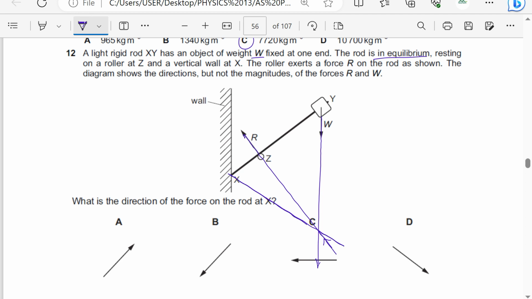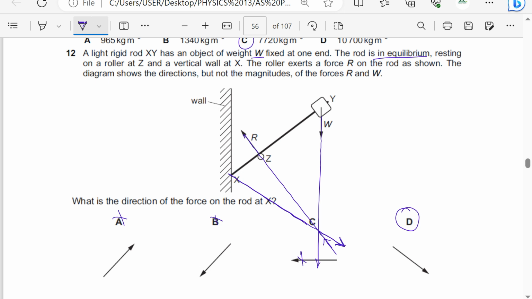So most probably there's no force pointing towards X. So this one is wrong. This one is wrong. The force at X is not horizontal. That's wrong. So this means the force at X is only going to be this. So this force is going to point in this direction here.